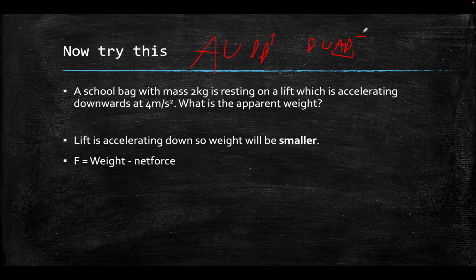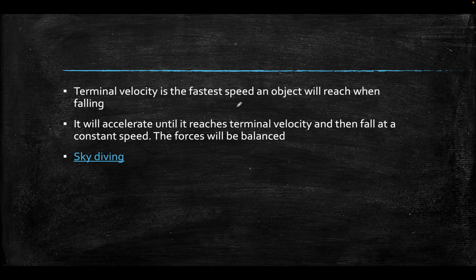The tension is going to be the weight minus the net force. You will do mg minus ma. Put the numbers in: mg, 2 times 10, gravity, minus ma, 2 times 4. And directly you get your answer of 12 newtons. So this is a little shortcut to get the apparent weight or the tension.